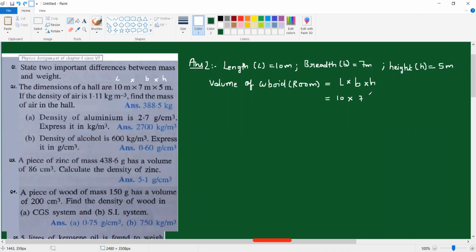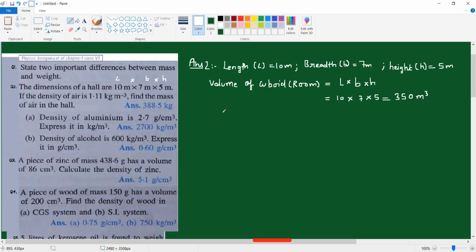Length into breadth into height, into 5. So when we multiply 7 by 5 we get 35, and then 350. So 350 meter cube will be the answer. So this is the volume of cuboid.